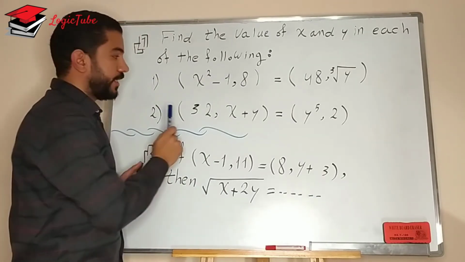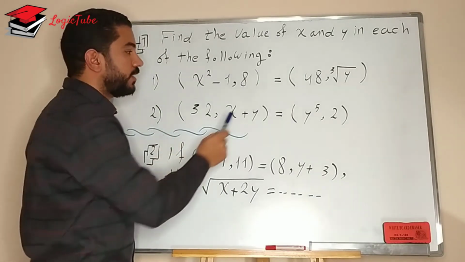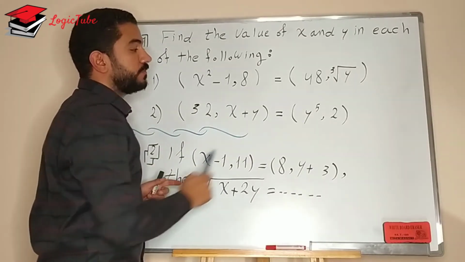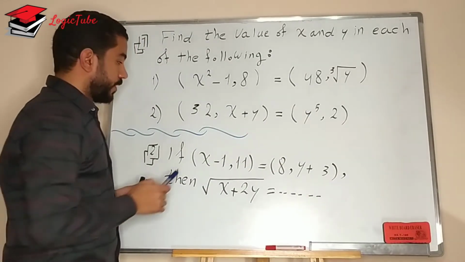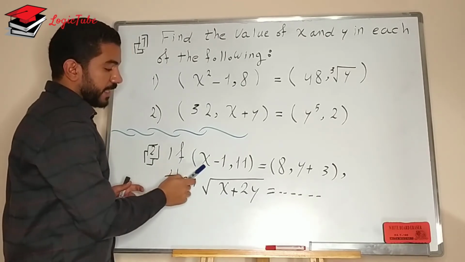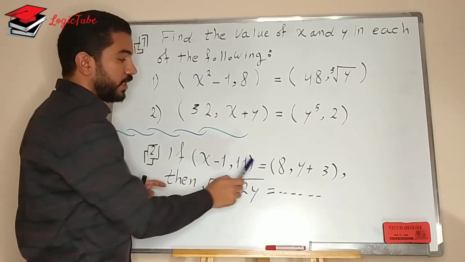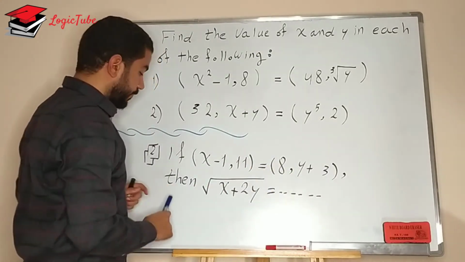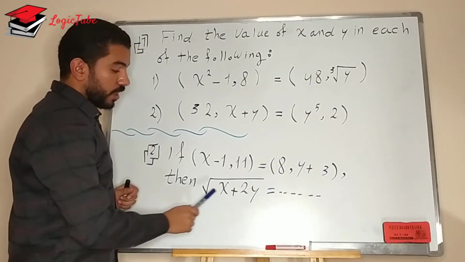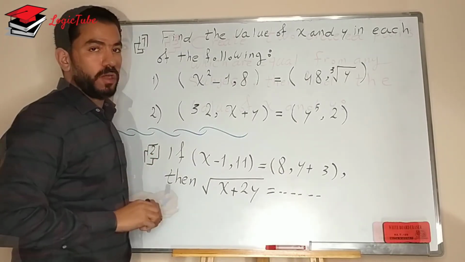The ordered pair of 32 and x plus y equals the ordered pair of y power 5 and 2. Question number 2. If the ordered pair of x minus 1 and 11 equals the ordered pair of 8 and y plus 3, then find the square root of x plus 2y.